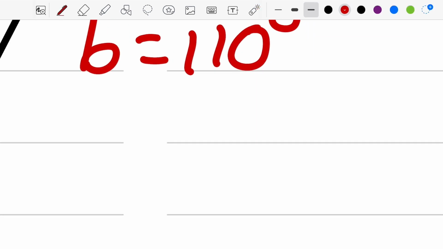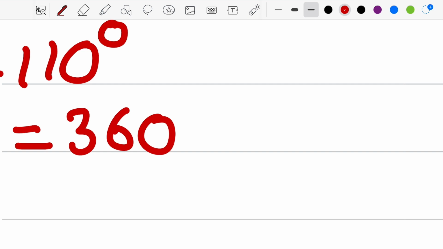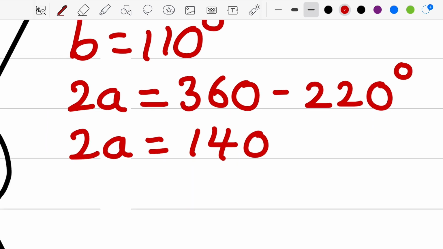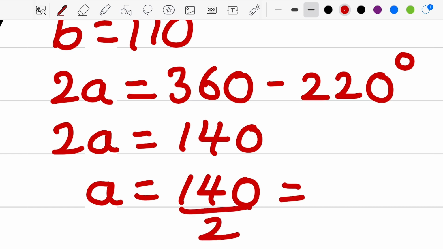So we can say that 2A is equal to 360 degrees take away 110 plus 110, which is 220 degrees. So 2A is equal to 140 degrees. So 1A will be equal to 140 divided by 2, which is equal to 70 degrees.